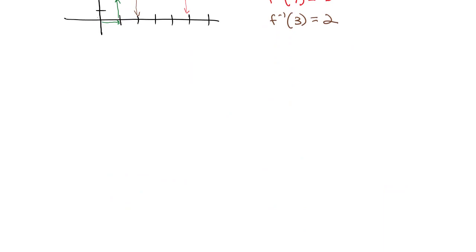The other type of inverse we often look at is in an equation, or an expression, better said. With expressions, we want to switch the x and y, and the y is really the f of x part. Here's what I mean by that.